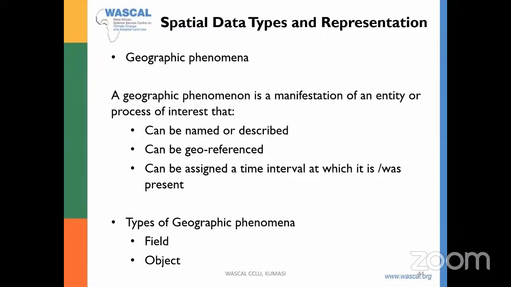At a point in time, we can tell that we had this amount of soil organic carbon. In the data assessment or report, we can talk about the data and its integrity. These geographic phenomena can be classified into two: the field and the object.